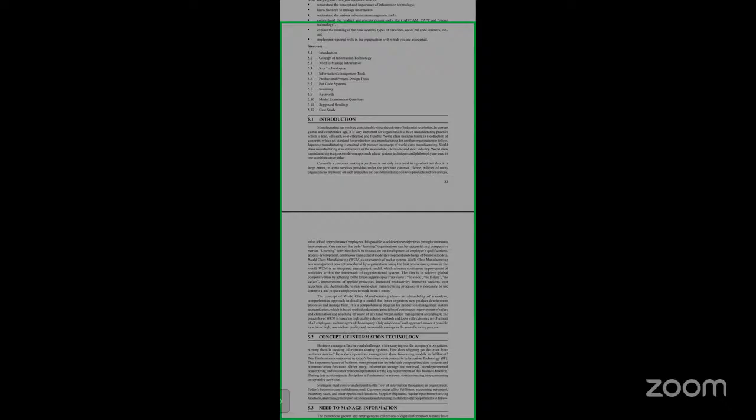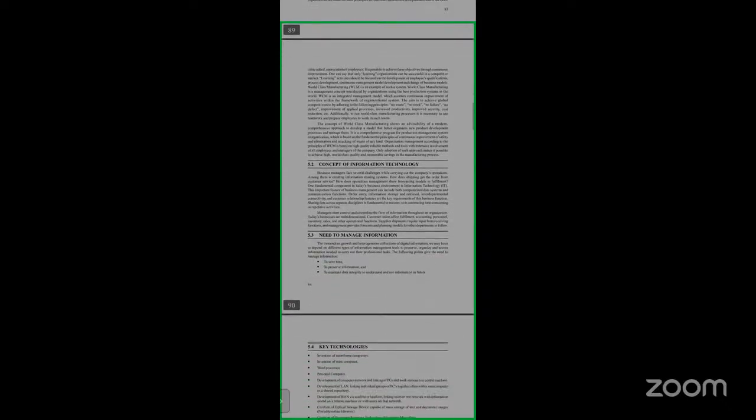It works on the rule of no waste, no stock, no failure and no defect. This is the main principle of the world class manufacturing model, and it has evolved only because of the usage of information technology with manufacturing.